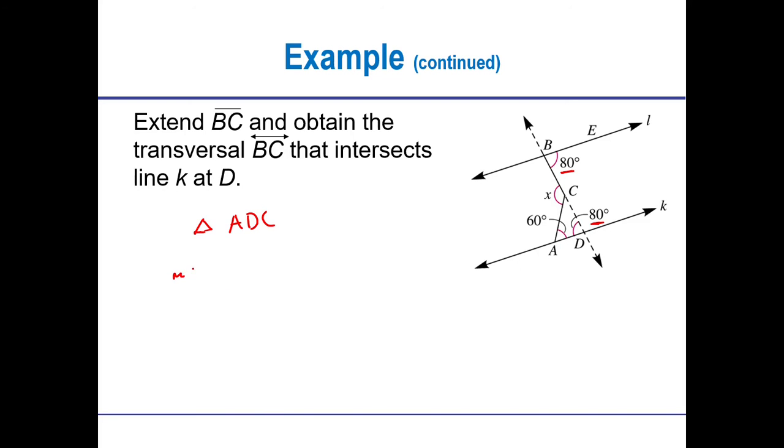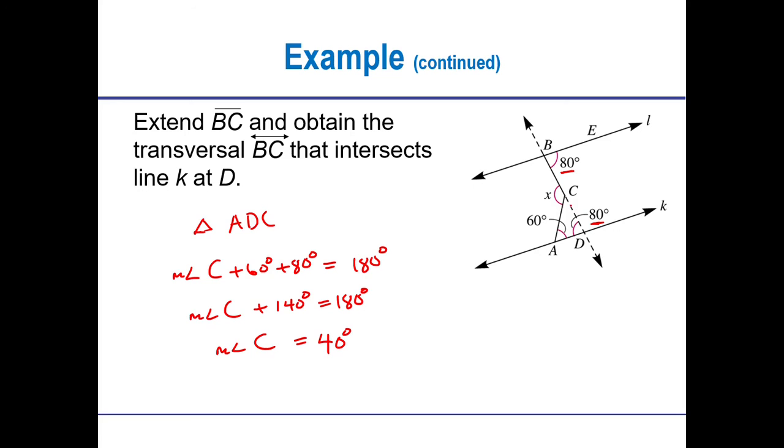So the measure of angle C plus 60 degrees plus 80 degrees has to yield 180 degrees. The measure of angle C plus 140 degrees is equal to 180 degrees. Solving for the measure of angle C, we have that it's equivalent to 40 degrees. So angle C is 40 degrees.